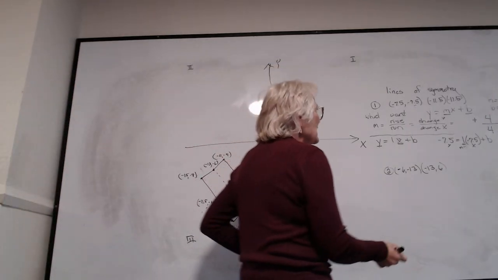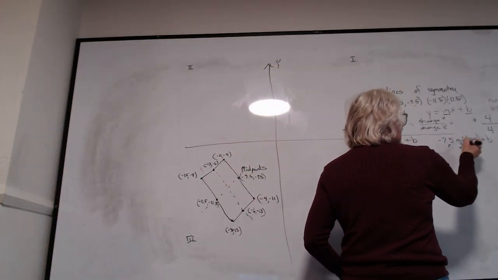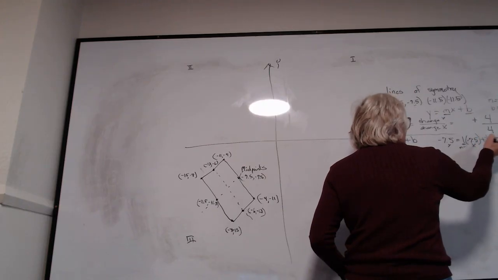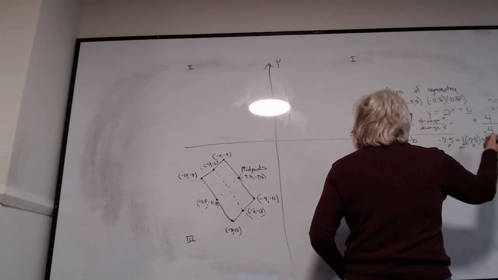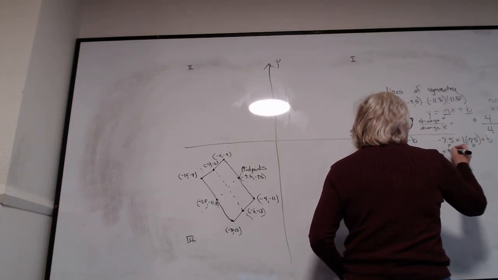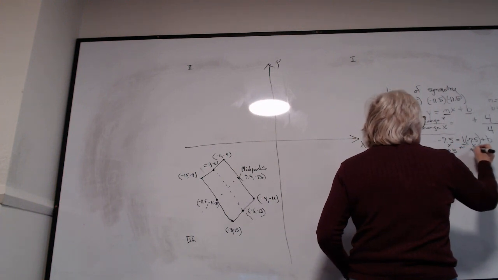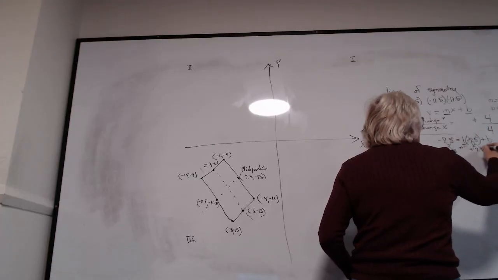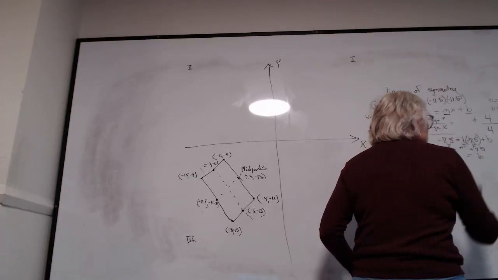Since we just have the b left, we can find what it equals. This was kind of interesting. It's -7.5 equals -7.5 plus a number. We're going to add 7.5 over here and add 7.5 here. They both cancel, so that means b equals what?